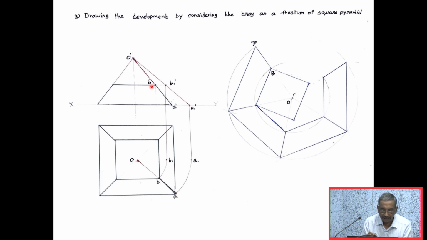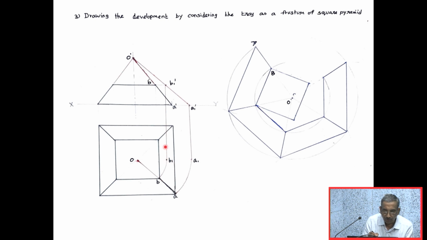So what I do is, I know the top view OA. Again, I make it parallel to VP. I am getting A1. So from A1 you draw a vertical line. To cut this XY line, I will be getting A1 dash. Likewise, OB, make it parallel to VP. I am getting B1.